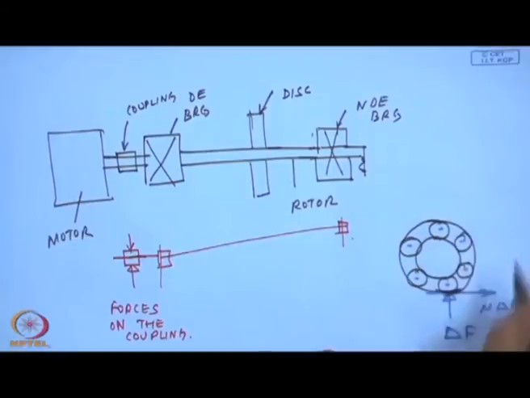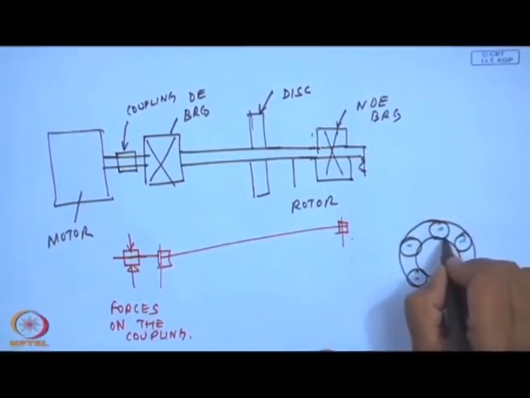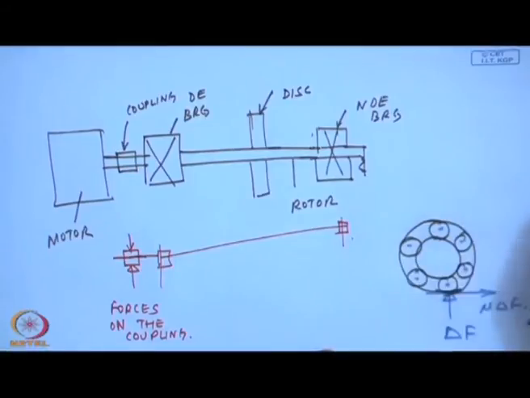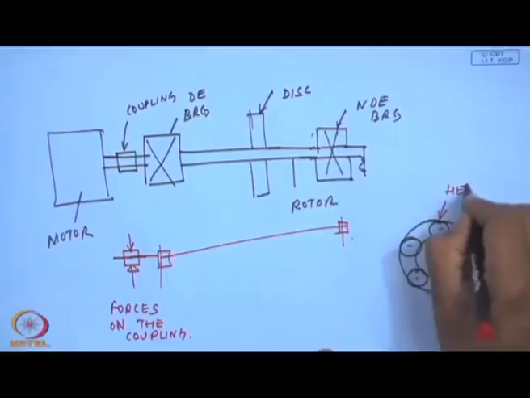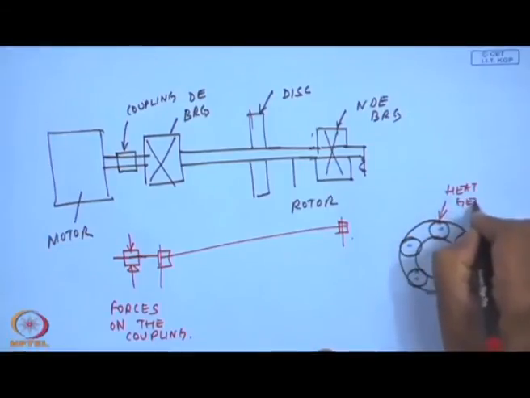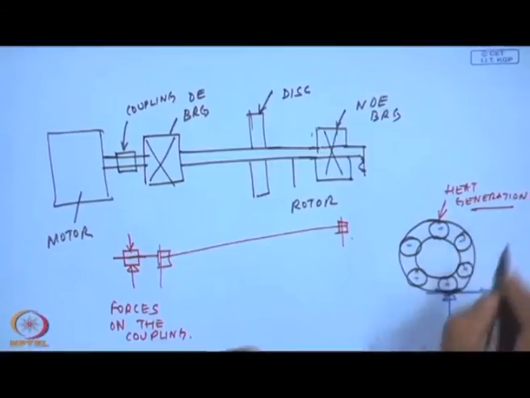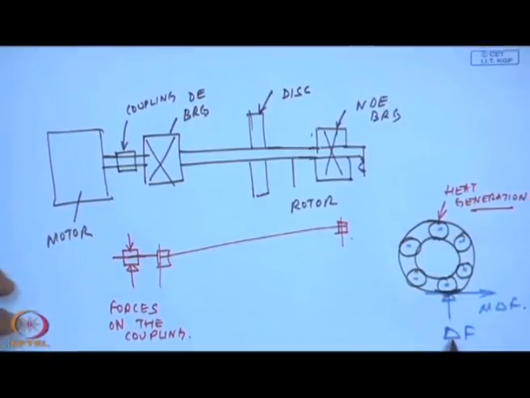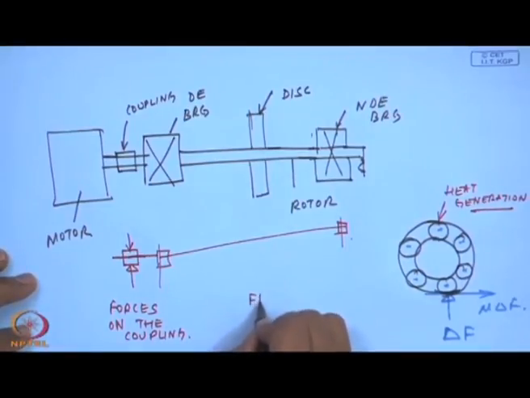So, while they are rotating, and there will be lubricant, heat will be generated in the bearings because of such forces, and sometimes these couplings also have some flexible elements.